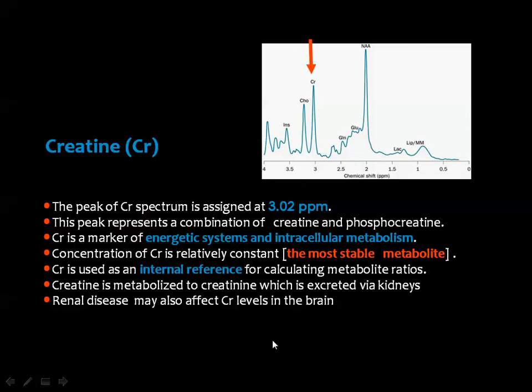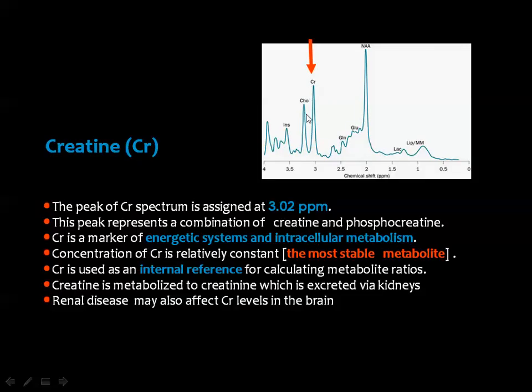most of the lesions in the brain will decrease the NAA and elevate the choline peaks, and the degree of elevation is intimately related to the pathology. Then, if it is mildly elevated or very much elevated, how can you judge? It's just by comparing the choline to the creatine, what we call the choline creatine ratio.